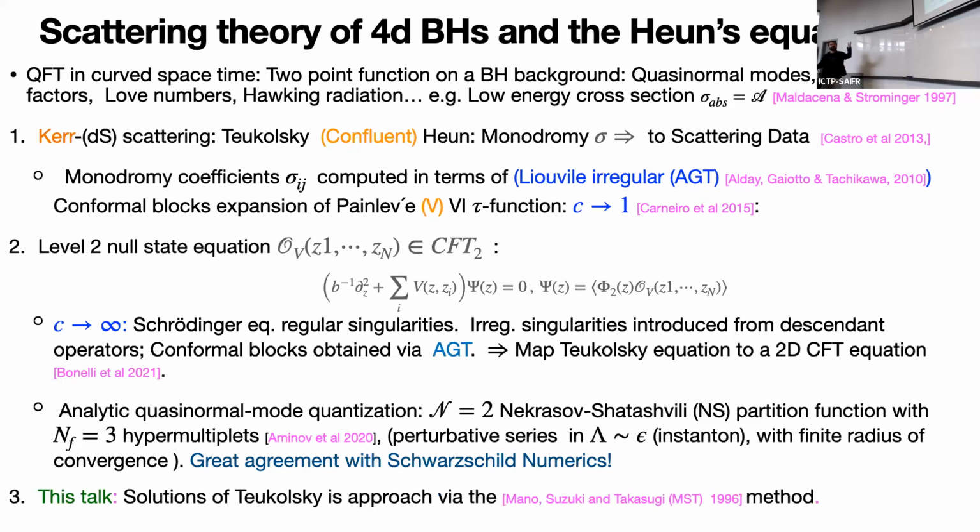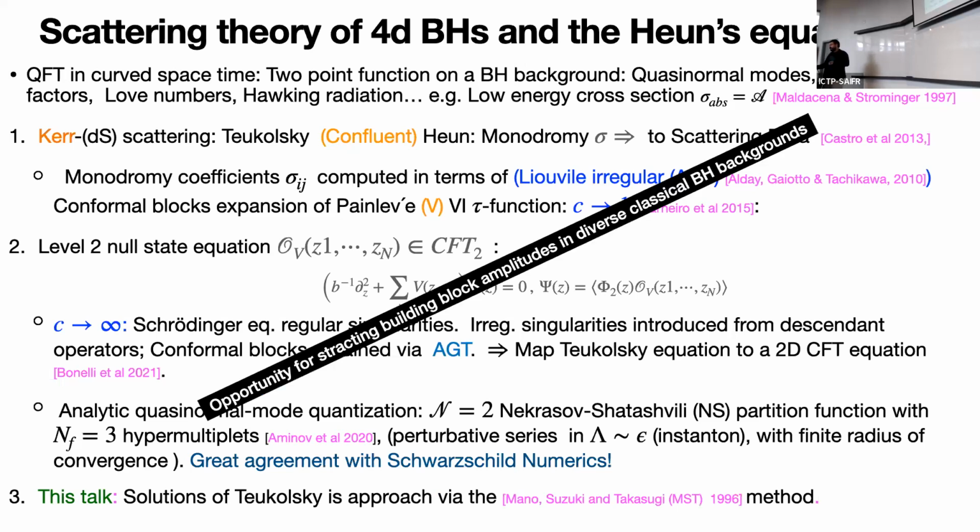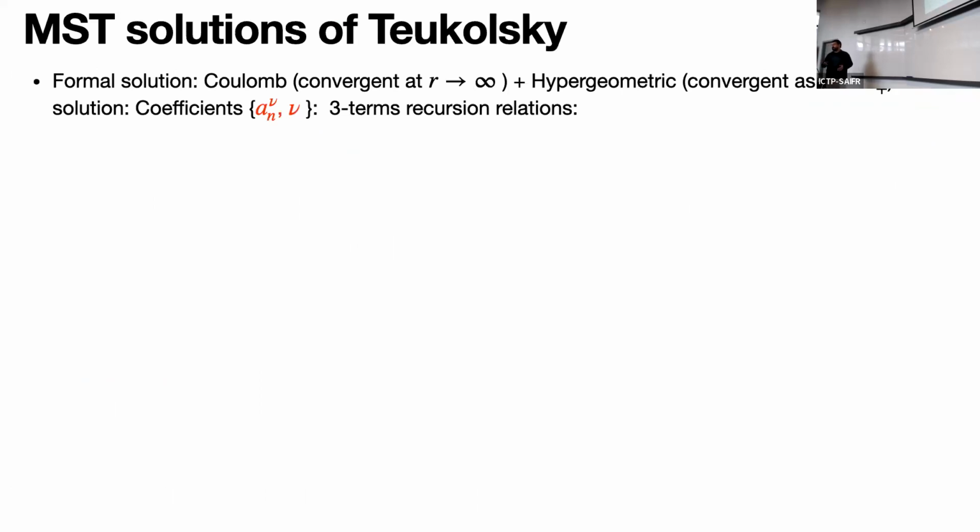In this talk, we are not going to follow any of these CFT techniques. We're going to follow the usual GR approach for solving the Teukolsky equation, which is based on this MST method. So let us go back to solving our radial Teukolsky equation, because we want to study scattering amplitudes.